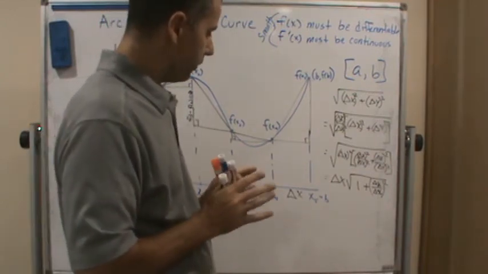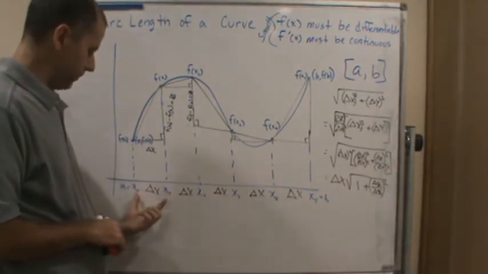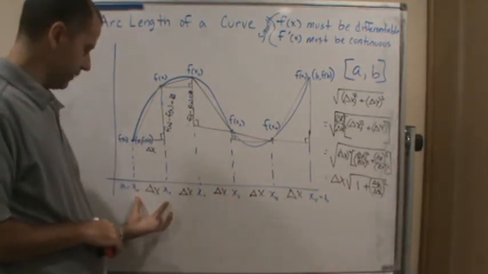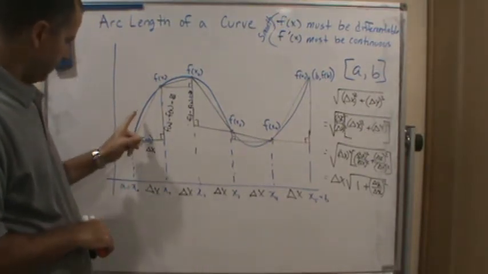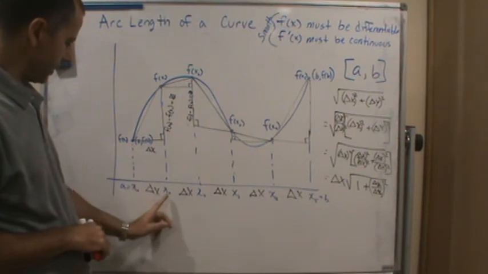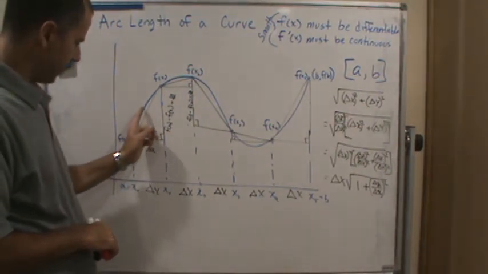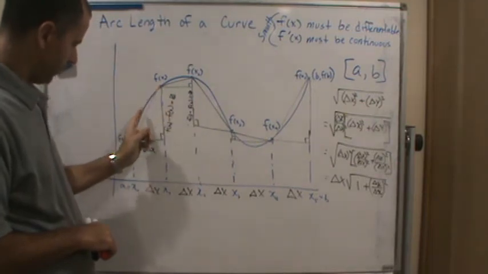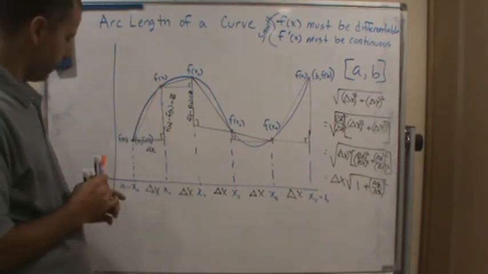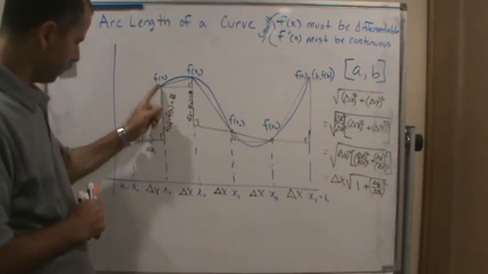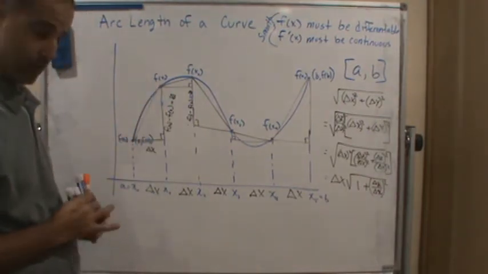The mean value theorem says that on every one of these subintervals, there exists some x value such that the tangent line of f of x is equal to the slope of this secant line. Let me repeat that.